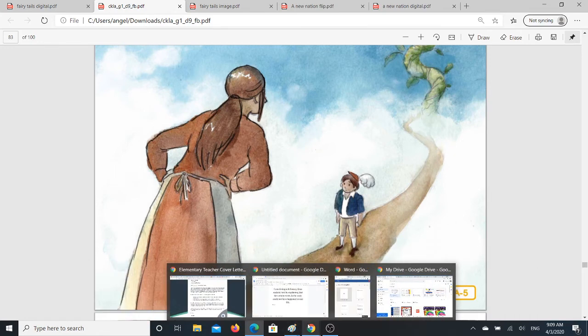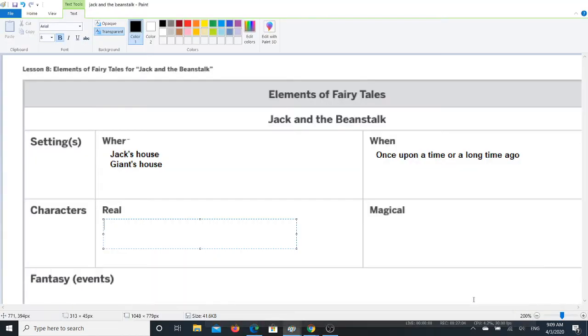I'm trying to think. Are any of these characters royal? Is Jack or his mom a royal character? How about the giant and the wife? No, they're not. So a lot of fairy tales have royal characters, but this one doesn't.